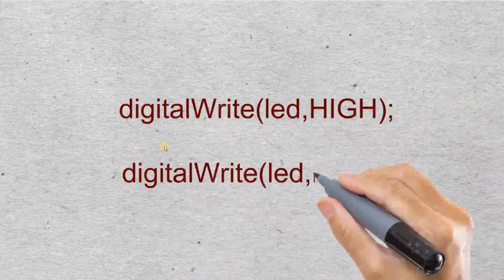Now that we've assigned the pin and we've declared the type of the pin, that it is an output pin, the next thing to do is to be switching the pin, giving out the signal, a high signal or a low signal.